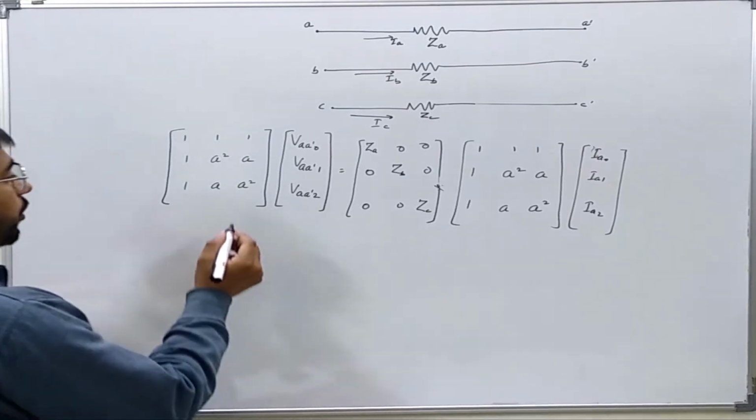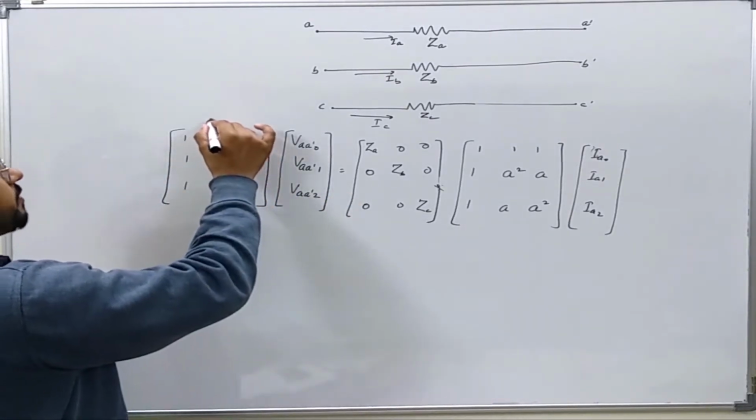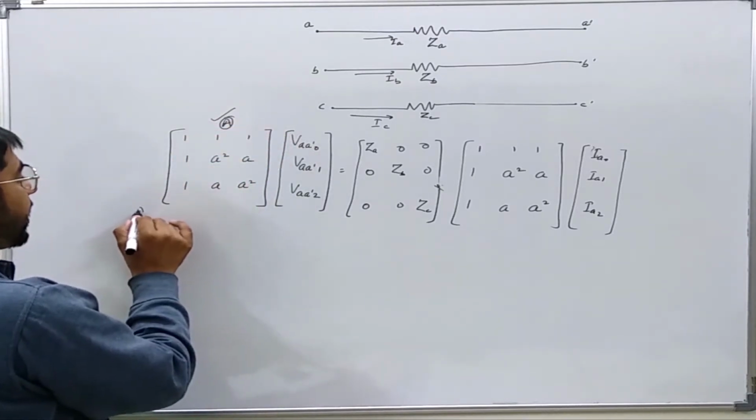Now we want to determine the value of the various sequence component voltage drops. So what I will do, I will pre-multiply this equation by the inverse of this matrix. This matrix is the A matrix, so I pre-multiply with A inverse.